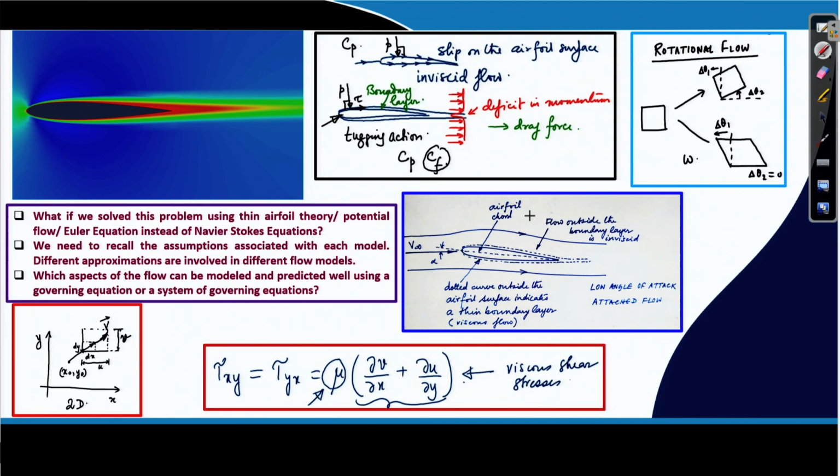Let us look at this figure, where schematically we are trying to explain that there is a uniform velocity which is impinging on an airfoil at an angle of attack, and you have a boundary layer formation, a viscous dominated region which also moves into the wake of the airfoil.